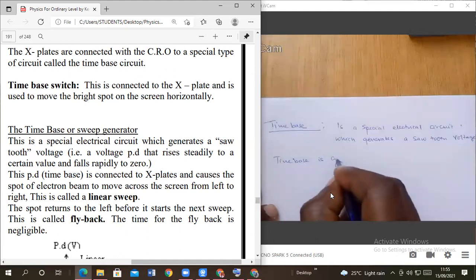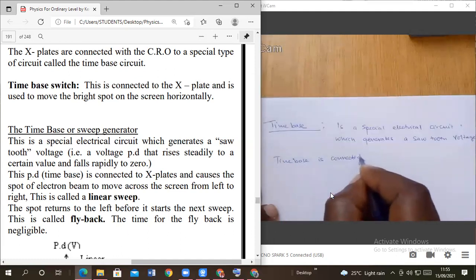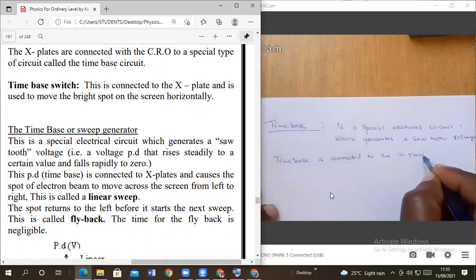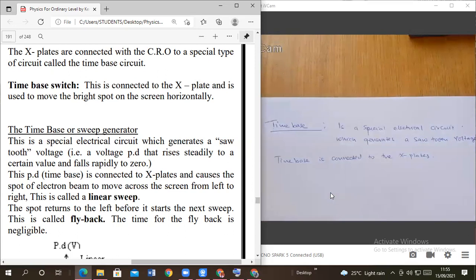is connected to the X plates. So the time base can be on or the time base can be off. When the time base is connected to the X plates, there is always a spot of electrons that will be seen on the screen.